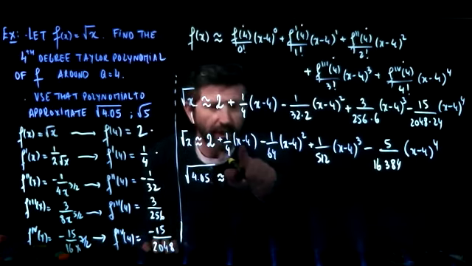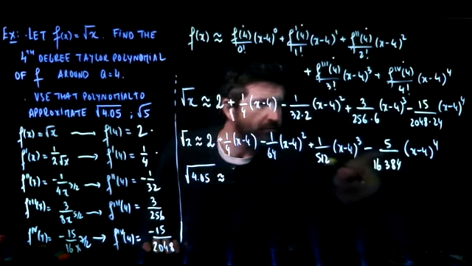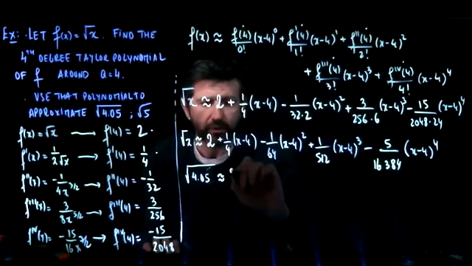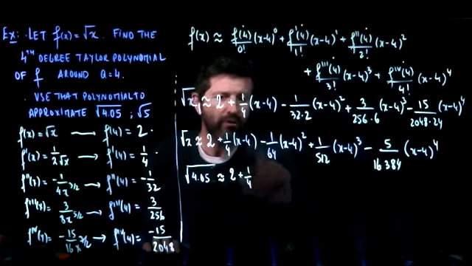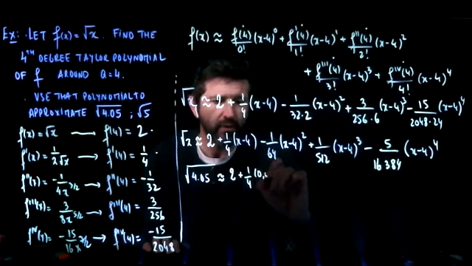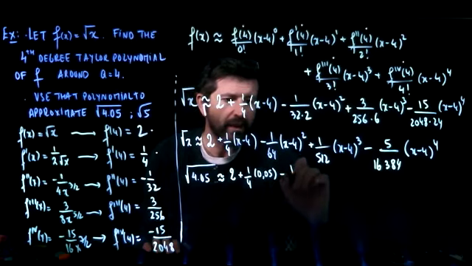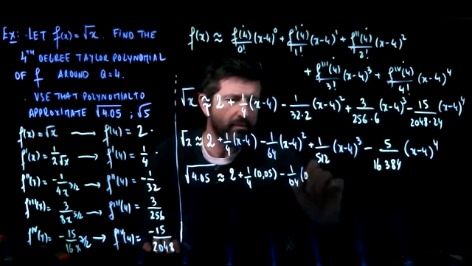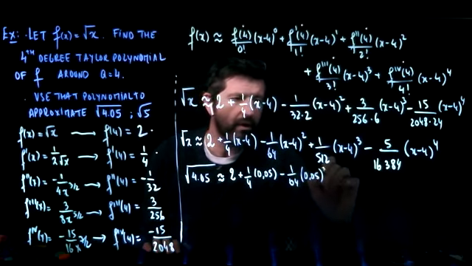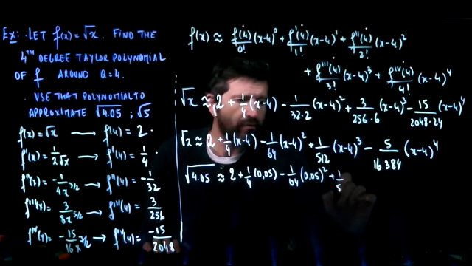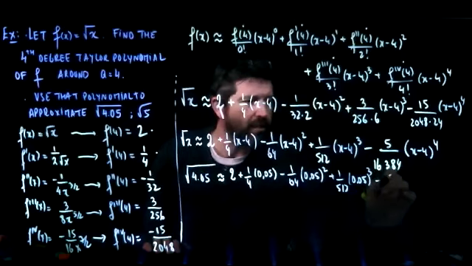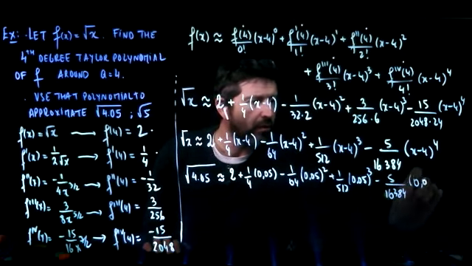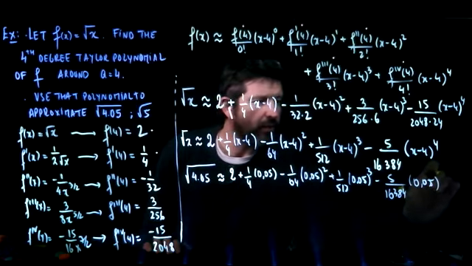I just need to plug in 4.05 here. So I get 2 plus a quarter times, so 4.05 minus 4 is 0.05. Then minus 1 over 64 times 0.05 to the power 2, plus 1 over 512 times 0.05 to the power 3, minus 5 over 16,384 times 0.05 to the power of 4.